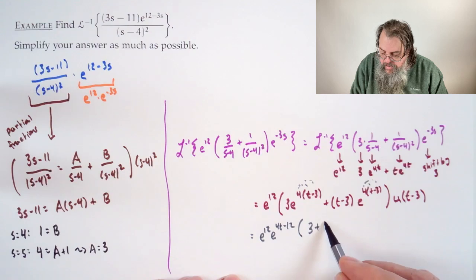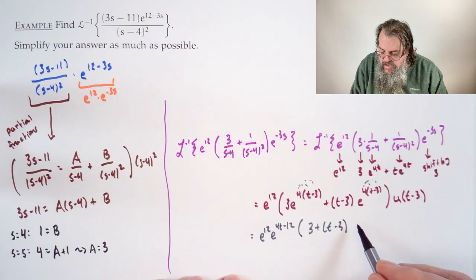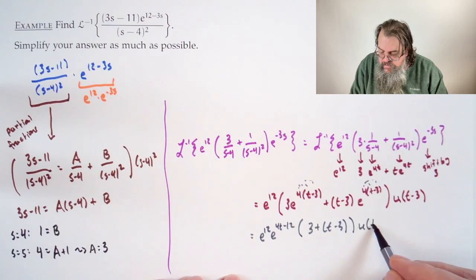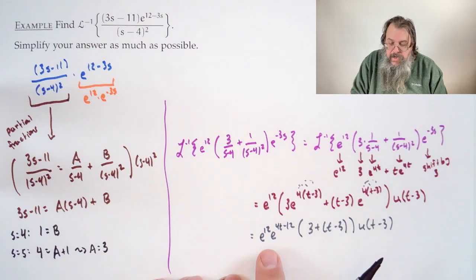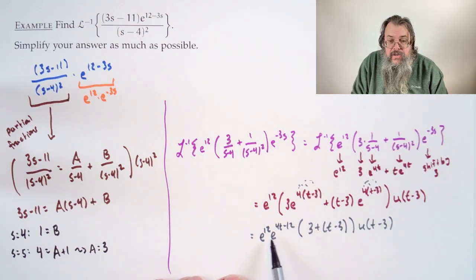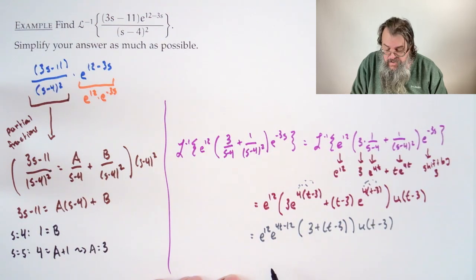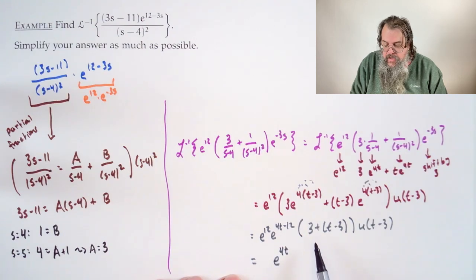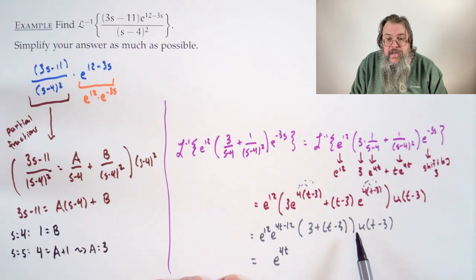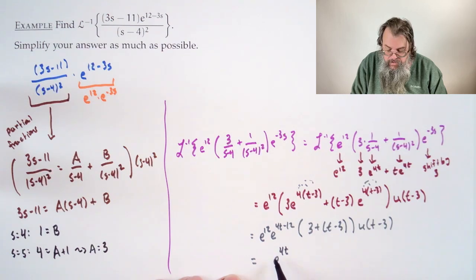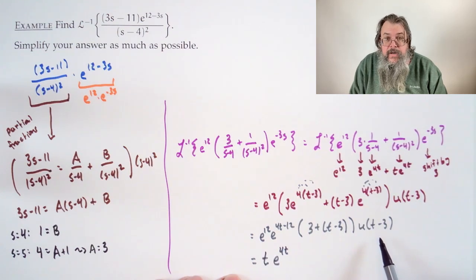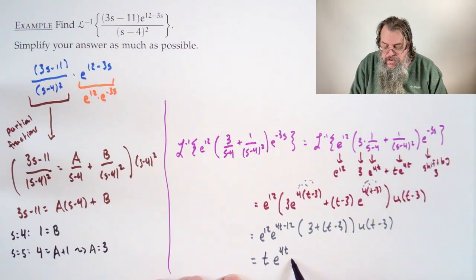And we have 3 plus t minus 3, and then we have u of t minus 3. Now, in the first part, when we have multiplication of the exponentials, that becomes addition. So this becomes e to the 4t. 3 plus t minus 3, well, the 3's cancel, so we end up with t. And then the u of t minus 3 stays u of t minus 3.